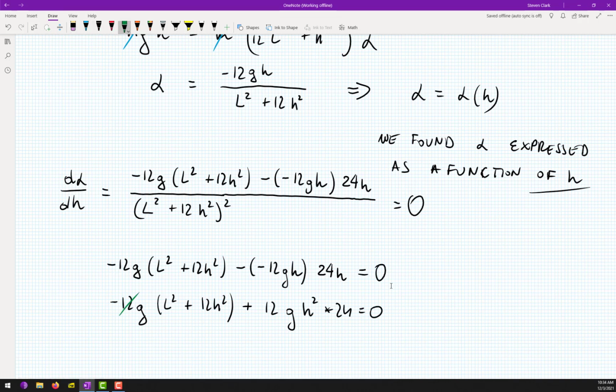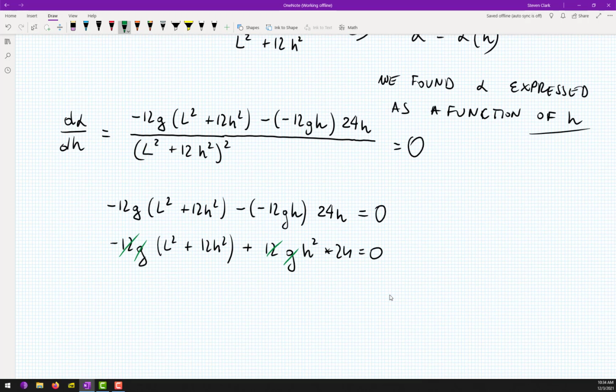We can get rid of this 12, we can get rid of this g, and we'll end up with our equation looking like that: minus L squared plus 12h squared equal to 0.